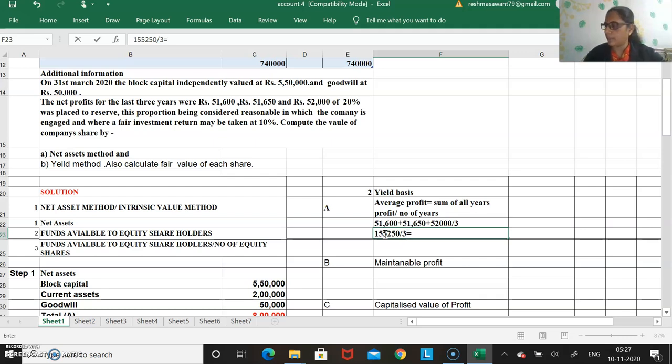So your average profit is equal to 51,750. 51,750 is your average profit.